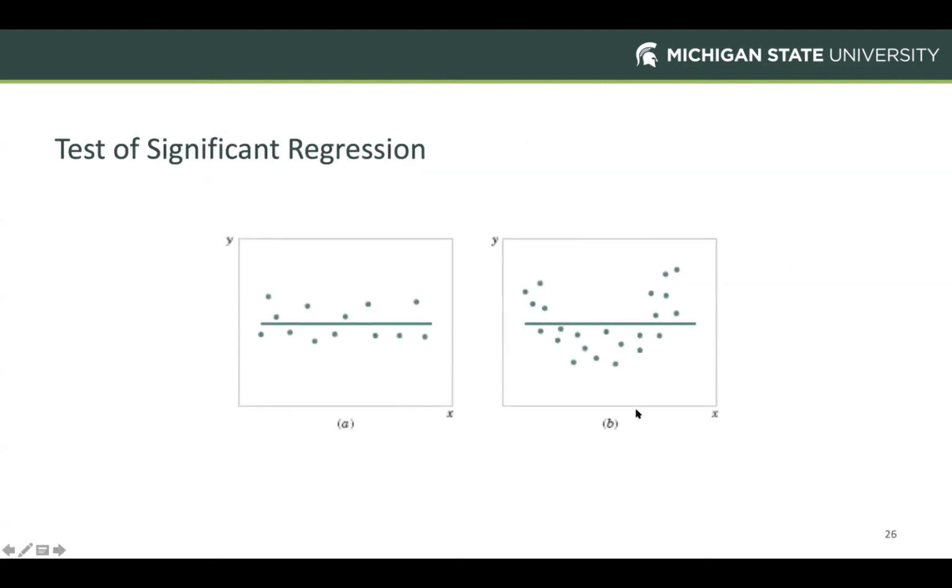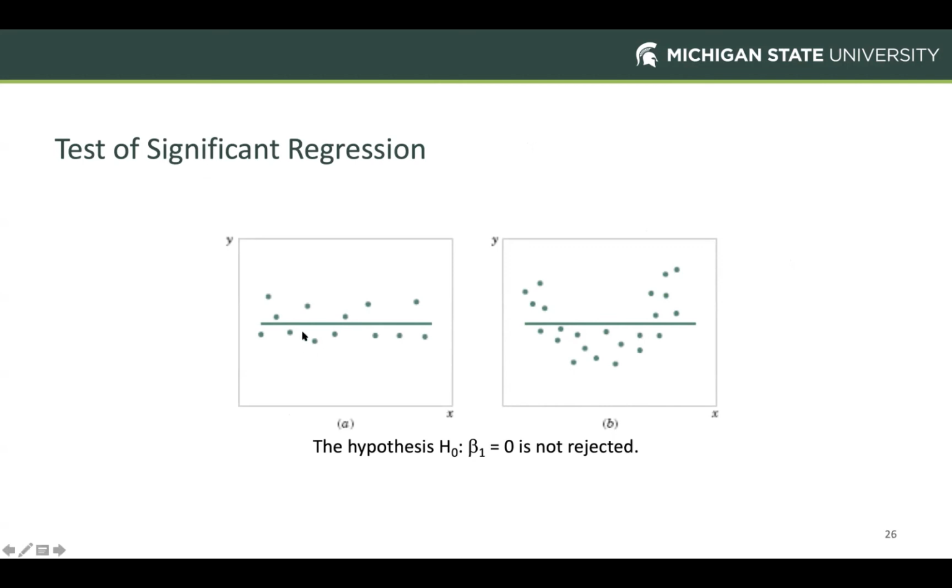So real quick, as we look at those tests of regression, whether we're using ANOVA or the t-test procedures, it's important to know this is assessing whether or not there's a linear relationship between X and Y, not just whether there's a relationship, period. Because here, these are two different instances where we don't have sufficient evidence to reject the null.